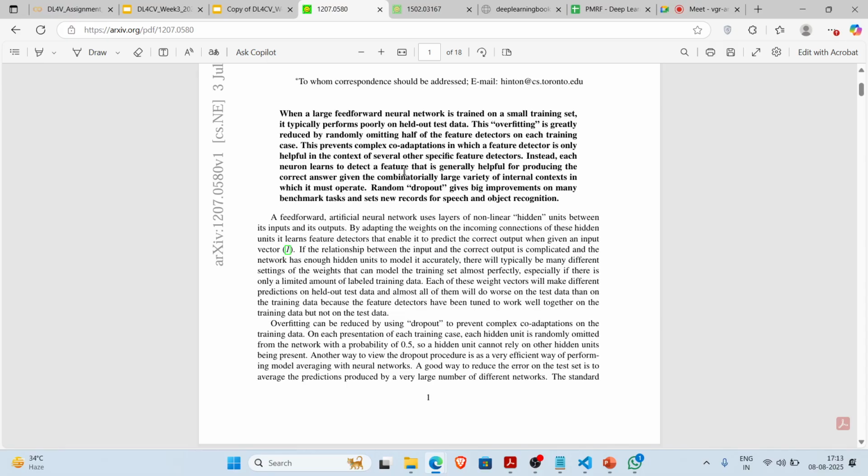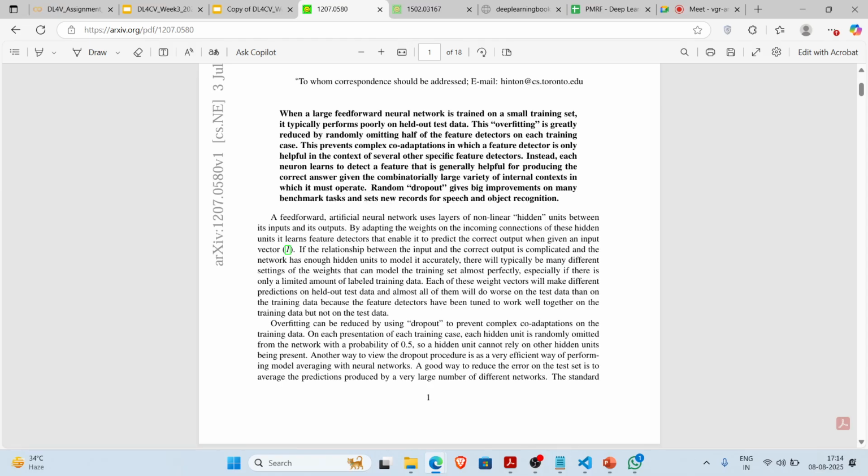Random dropout gives big improvement on many benchmark tasks. Overfitting can be reduced by using dropout to prevent complex co-adaptation on the training data.